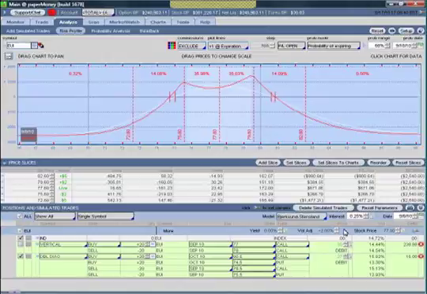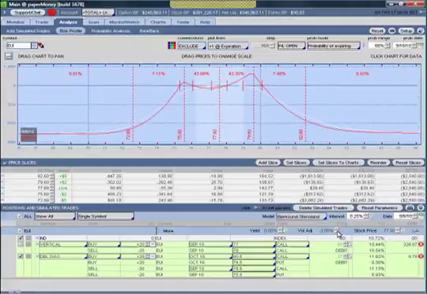But of course, I also want to know what happens if there is some volatility contraction. If that happens, so long as the stock doesn't move too far, I end up not losing a whole lot of money. So this is one of the reasons that I like this type of trade.